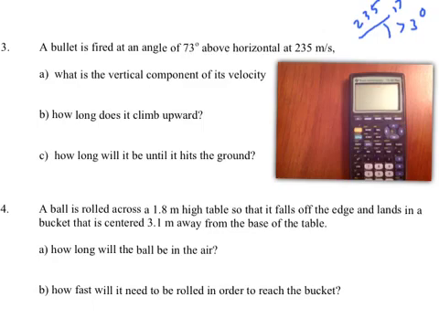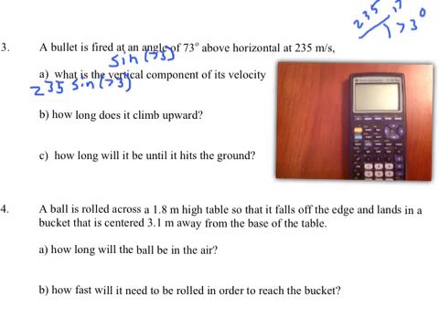Once I do that, to find the vertical component of motion, you use the sine function. So I take the sine of 73. If you're in radians, it doesn't work, but if you're in degrees, it does. So I take the velocity, 235 meters per second, and multiply that by the sine of 73.